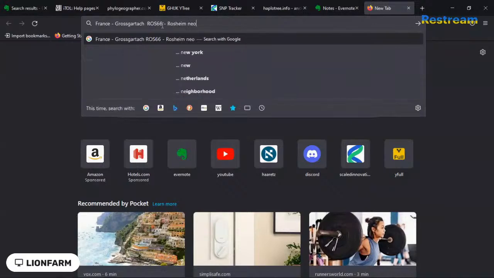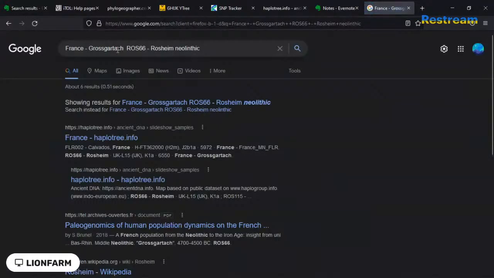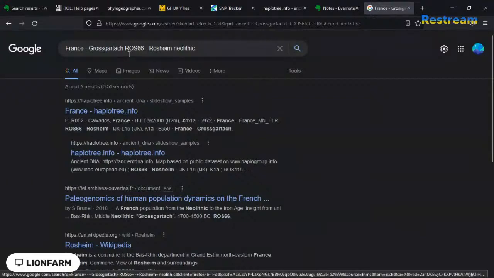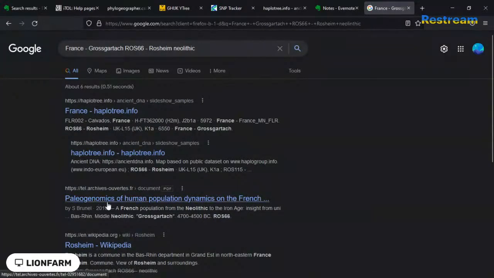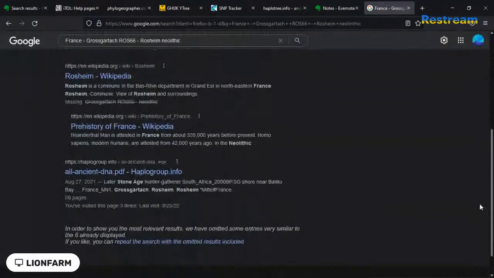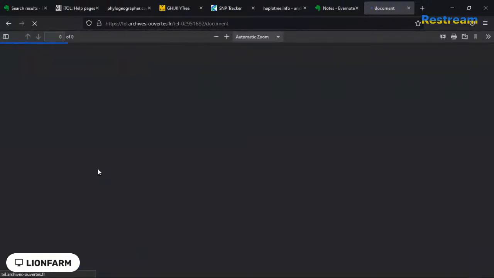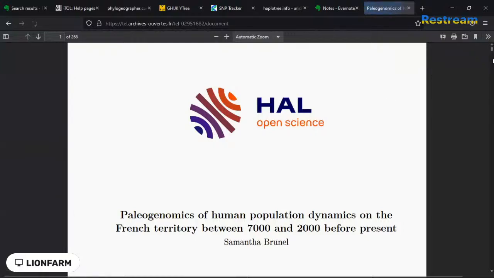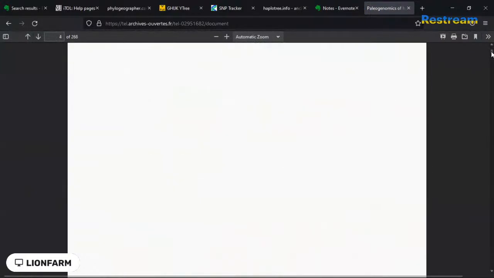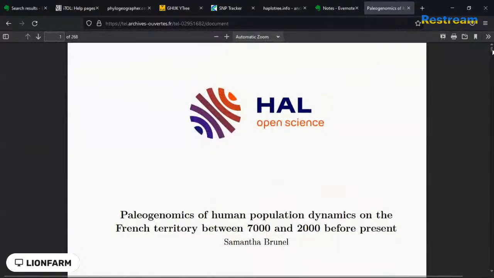We'll say Neolithic. That's weird. So you can see that you will find certain papers that will start to have the information on it, right? And it's nice to get the pinpoint material papers. And I had checked a lot of his stuff, and a lot of stuff is verified. So here is that paper.